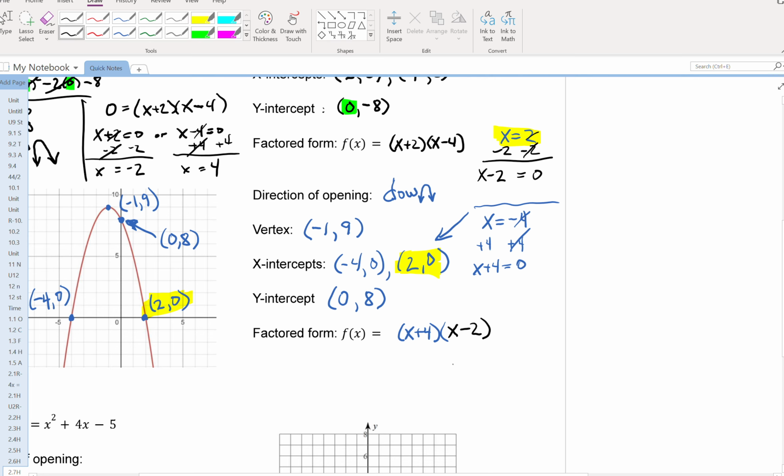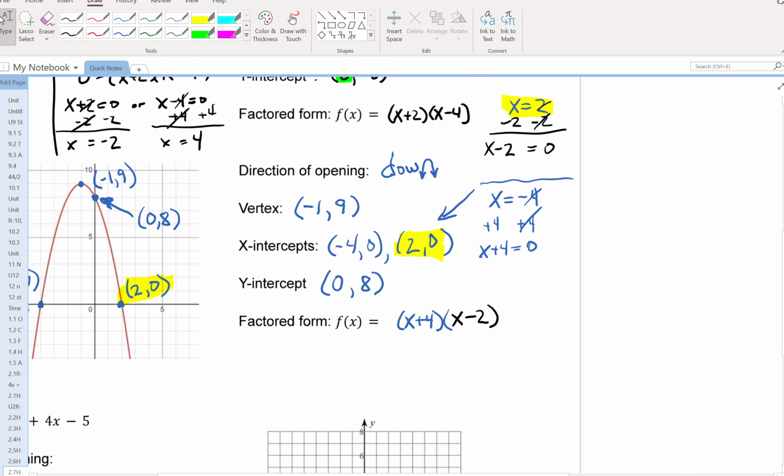And now, you can take any point along the way. Like, for example, this y-intercept, if I got 0 and 8. And then just make note, oh, hey, this is x and this is y. And then keep in mind that what we have is y equals a times x minus p times x minus q.